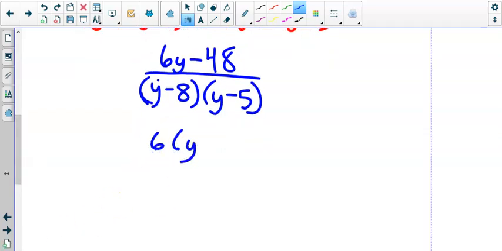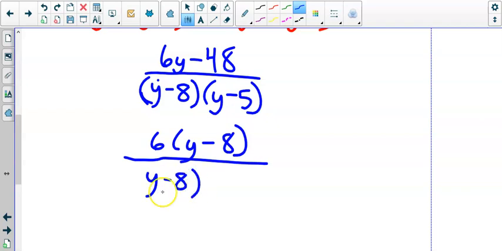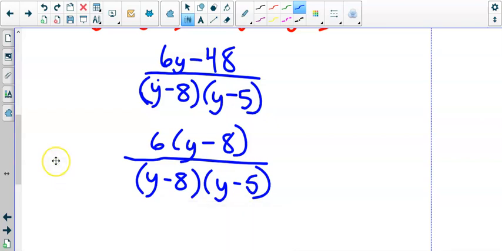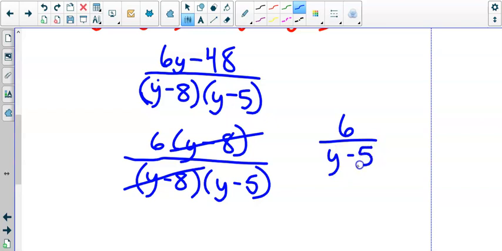So I pull out the 6, I get y minus 8 all over y minus 8, y minus 5. So now that everything's fully factored, does anything cancel? The y minus 8s. Because I got a y minus 8 on top and a y minus 8 on bottom. They're going away. So that leaves us with what for an answer? There you go. 6 over y minus 5.